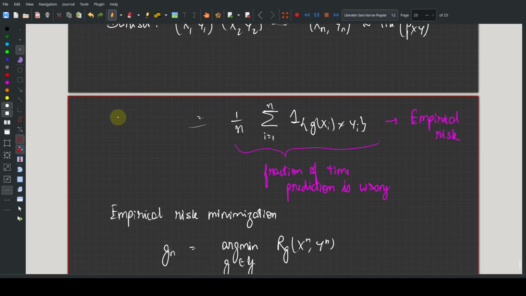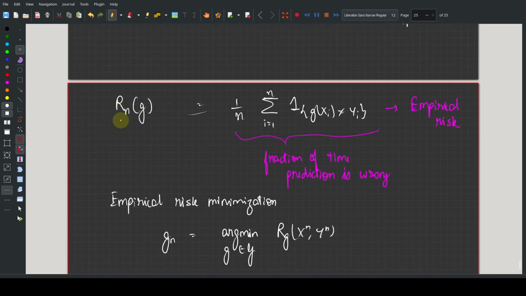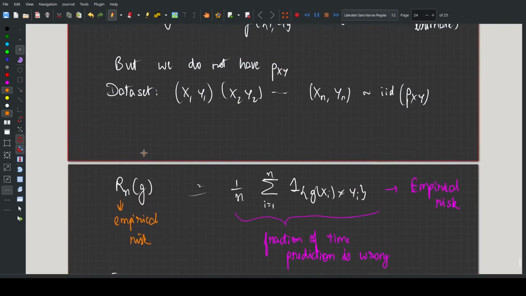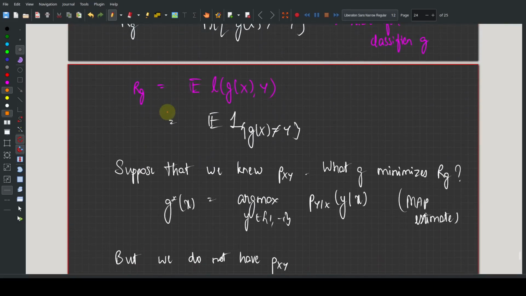I will call this R subscript n of G. Okay, so R subscript n basically denotes empirical risk taken over n samples, whereas R effectively denotes the expected risk.